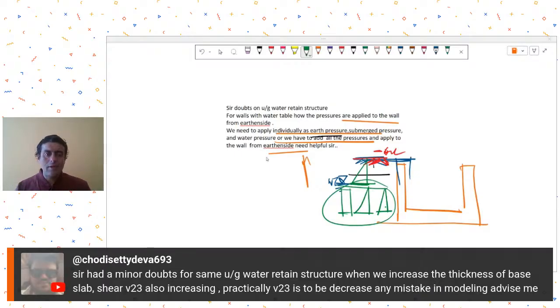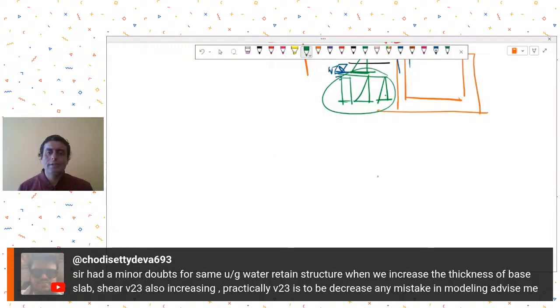He had another query. When we increase the thickness of base slab, shear V3 is also increasing. Yeah, shears may increase because of the increasing stiffness. So it's not incorrect. Shears may increase because of the increase in the stiffness. It starts attracting more shear forces.